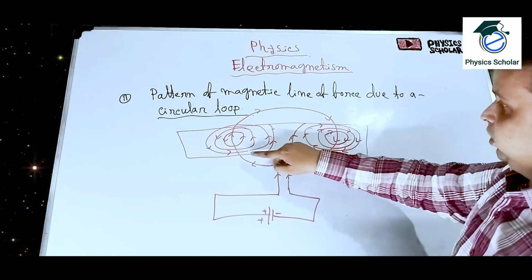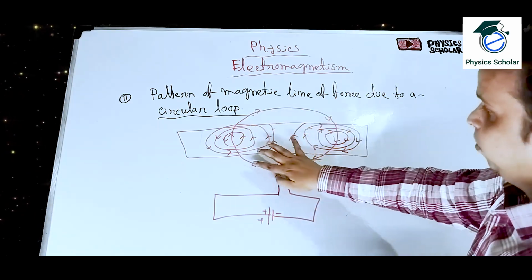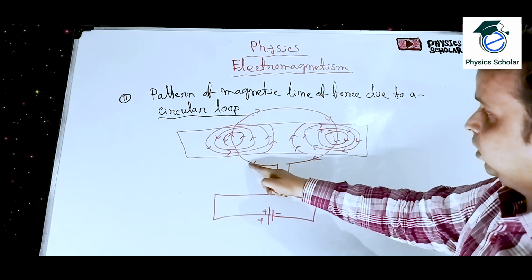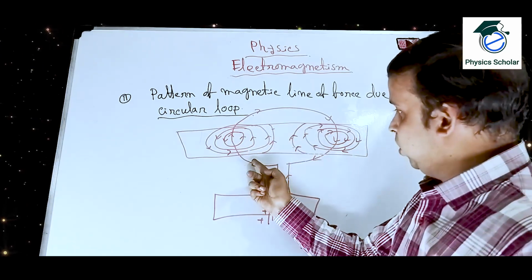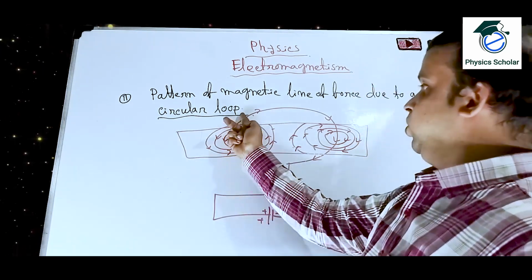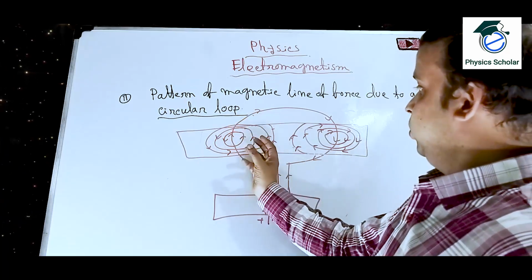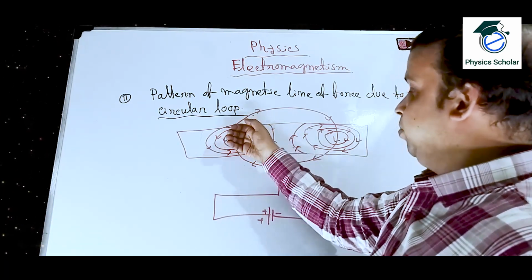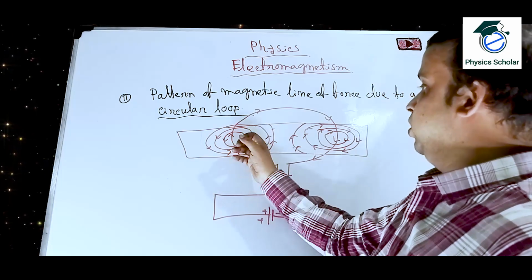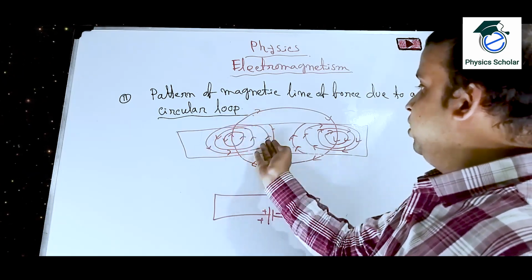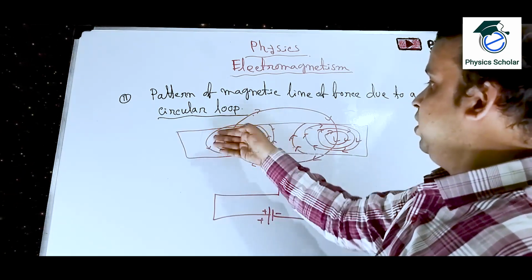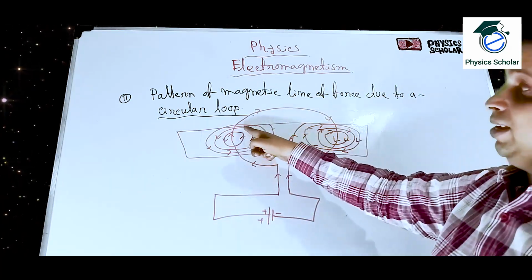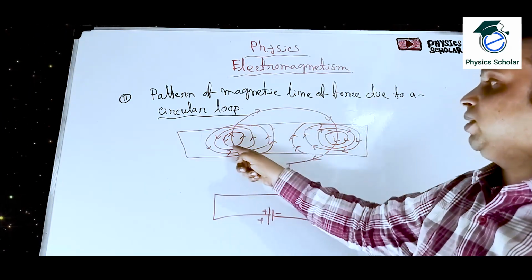The loop passes through it. In this case the current is flowing from bottom towards top. Clear? As per the right hand grip rule or corkscrew rule, the direction of the magnetic field will be this. And in this case it will be just like a straight current carrying conductor, with concentric circles.